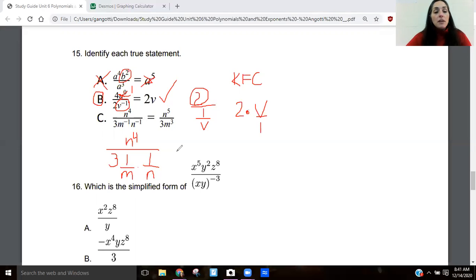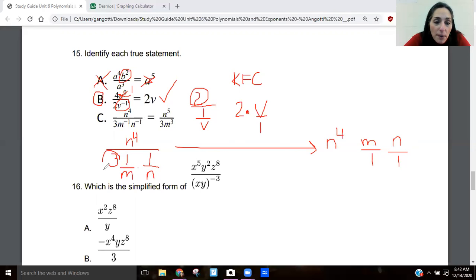Okay. So you are going to keep flip change. Keep the n to the 4th. Flip these guys upside down. So you're going to flip to m over 1, n over 1, like that. And then multiply. Everything will be multiplied.